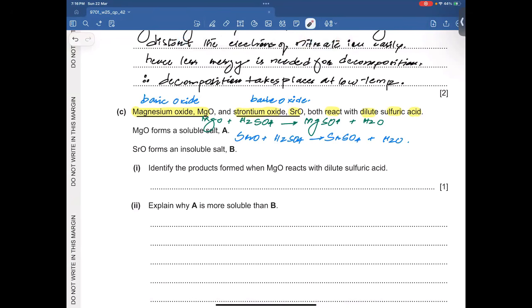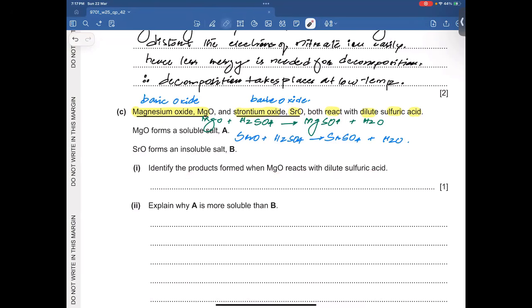Now, the examiner is saying that magnesium oxide forms a soluble salt, which means magnesium sulfate is soluble, and strontium oxide forms an insoluble salt, which means strontium sulfate is insoluble. So down the group, the solubility of group 2 sulfates decreases. That's what we have done in the class. So identify the products formed when magnesium oxide reacts with dilute sulfuric acid.